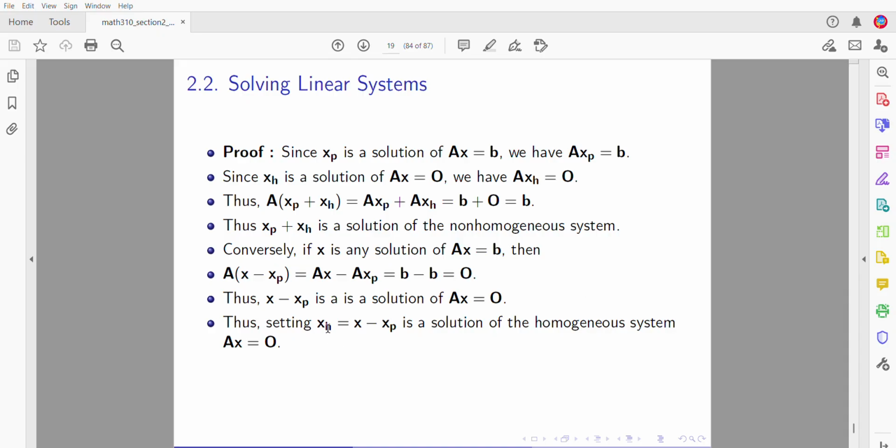Call x minus xp xh. In other words, x itself may be written as xp plus xh. So any solution with b at the end can be written as a particular solution plus a homogeneous solution.